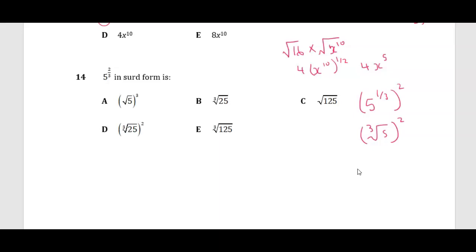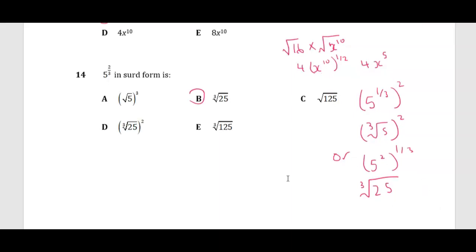Or you do it the other way. So 5 squared cubed root. So 5 squared being 25, and we can write the power of a third as the cubed root. So cube root of 25. Here's our answer, B.